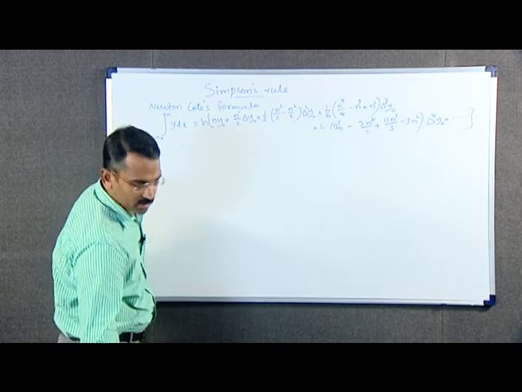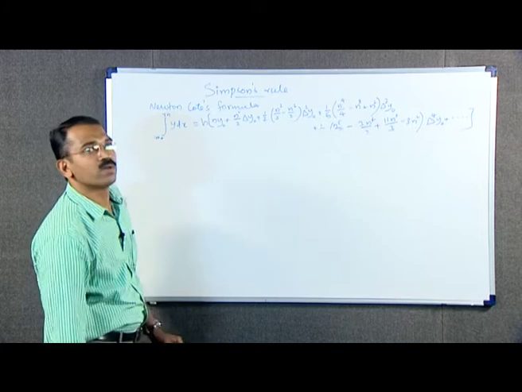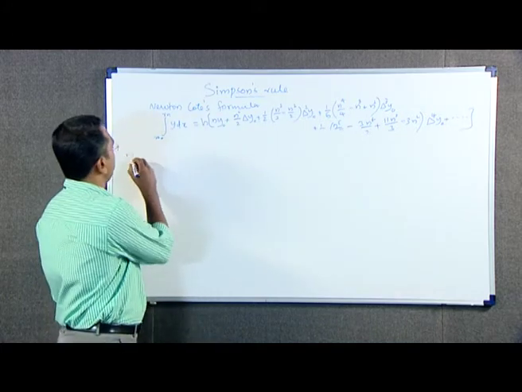In this Newton's Cotes formula, we substitute n equal to 3.